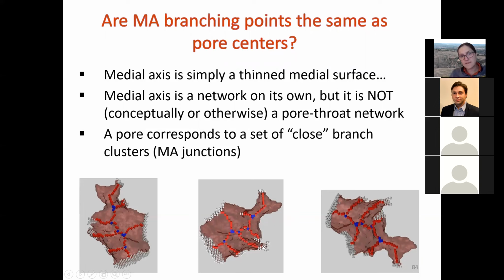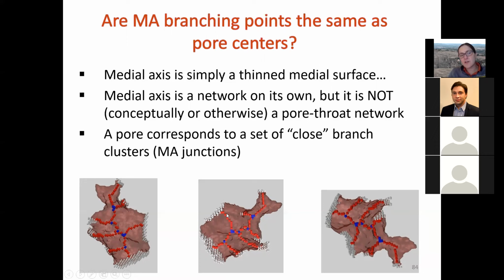And sometimes, say you miss finding one of these throats, say this one, for whatever reason, related to resolution and so forth, then you're going to have a leak, and this pore will technically get merged with another. So there are errors there because you don't find a throat.